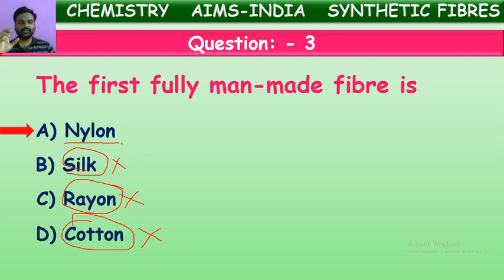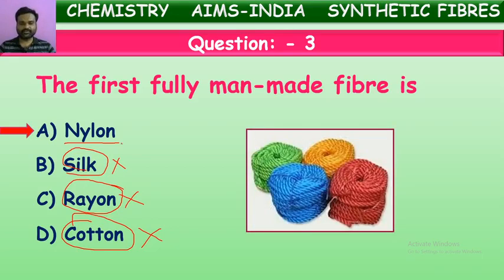So nylon is fully prepared from man-made chemicals. See, here the ropes are made up of nylon. They don't use any natural sources for this. They use organic compounds, chemicals, water, air. They use these substances for preparing nylon.